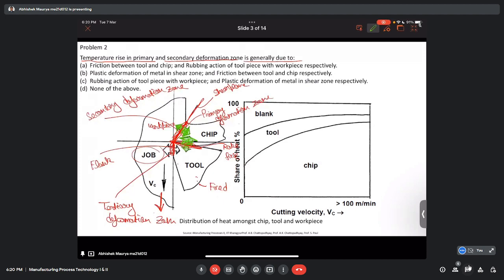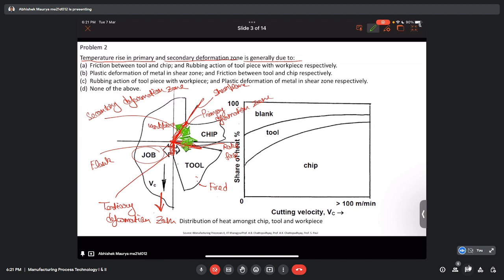Why is it like that? Most of the time the workpiece material is metallic, with high thermal conductivity, whereas the tool has relatively poor thermal conductivity. So whatever heat is generated gets quickly transferred into the chip, which is metal. Therefore, the majority of heat goes into the chip.